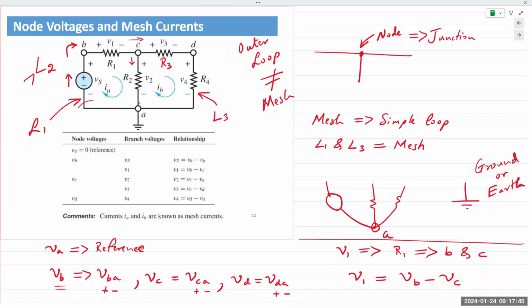Does that make sense to everyone? Resistor voltage can be described in terms of the voltages that appear at both ends of that resistor.